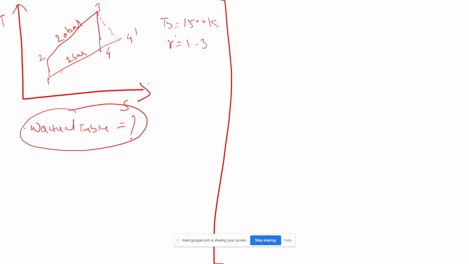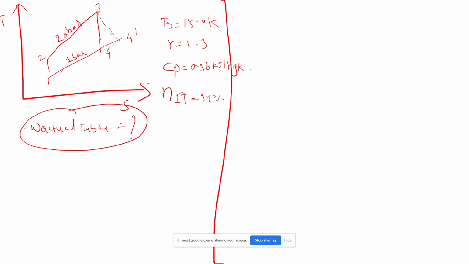Cp is also given for the enthalpy calculation, 0.98 kilojoule per kg Kelvin, and the isentropic efficiency of the turbine is 94%.